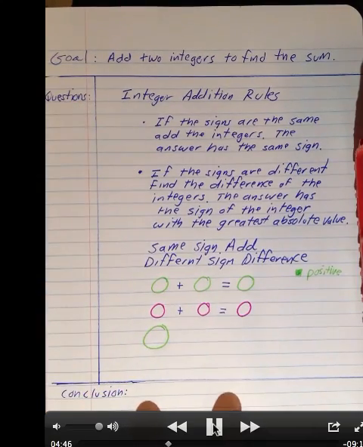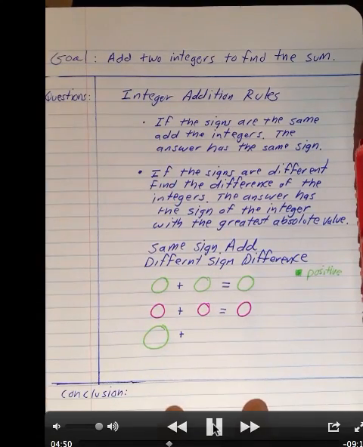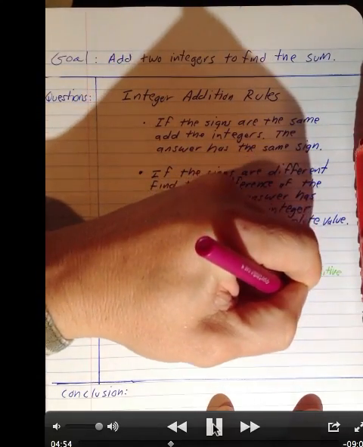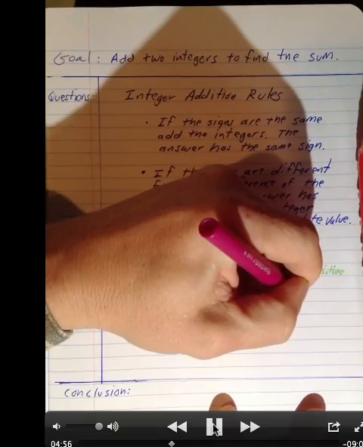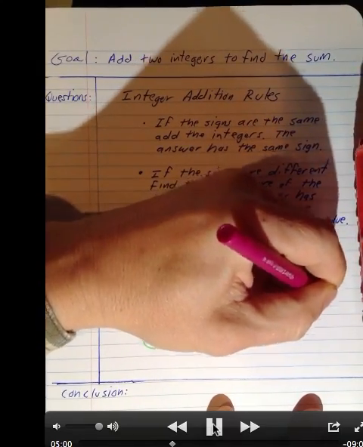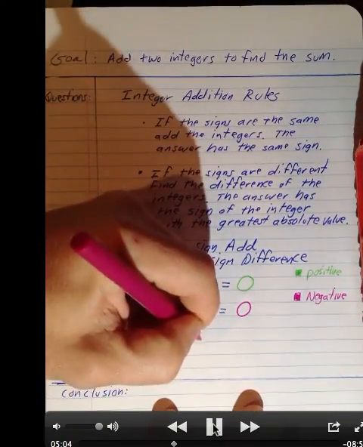If we're adding a positive number and a negative number, and the positive number is larger, that's represented by a larger green circle, then you find the difference, but the answer is positive.